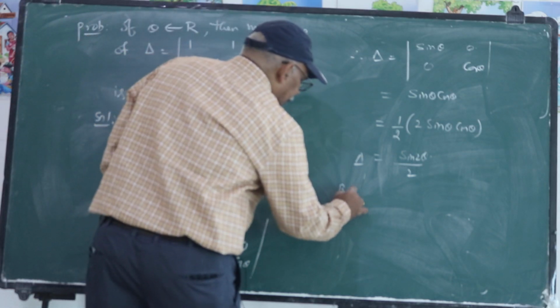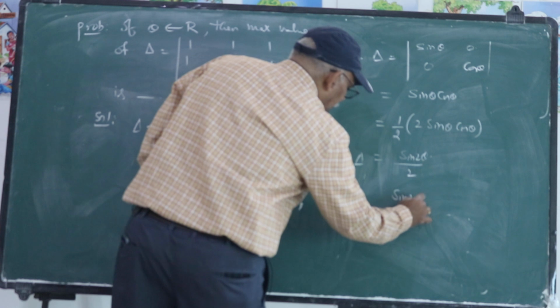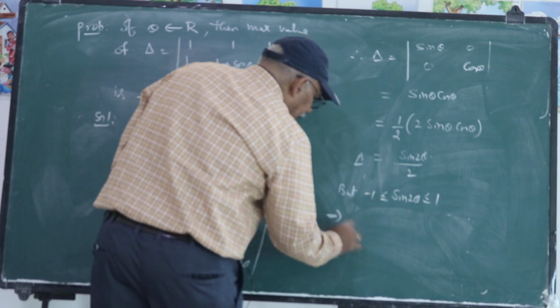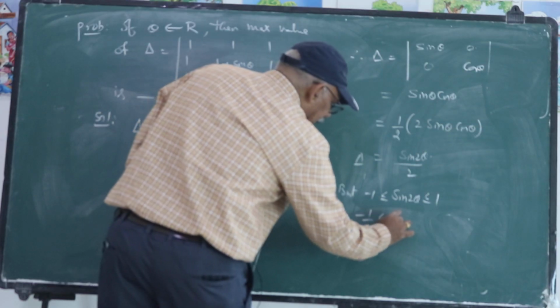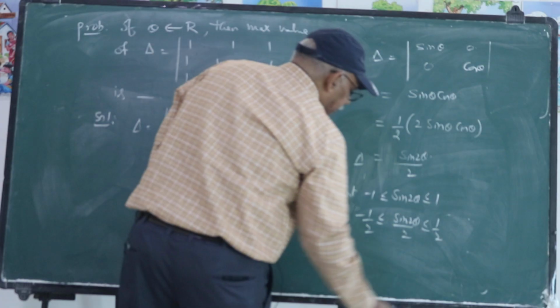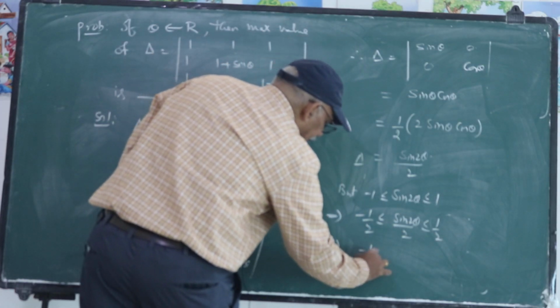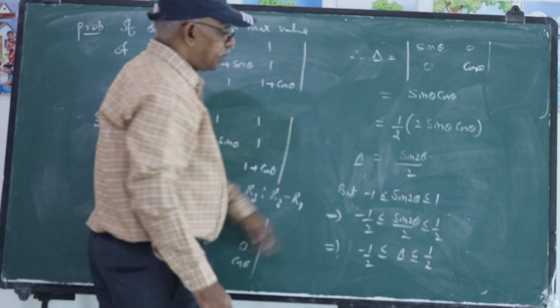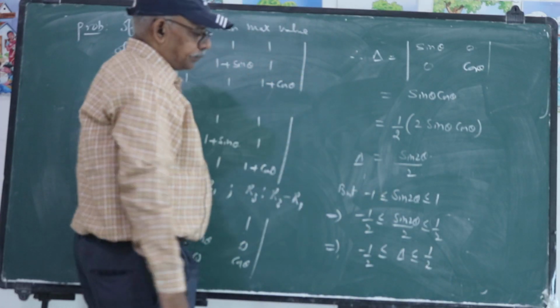But we know that sine 2 theta always lies between minus 1 and 1. That implies minus 1 by 2 is less than or equal to sine 2 theta by 2, which is less than or equal to 1 by 2. Hence minus 1 by 2 is less than or equal to delta, which is less than or equal to 1 by 2, because delta is sine 2 theta by 2.